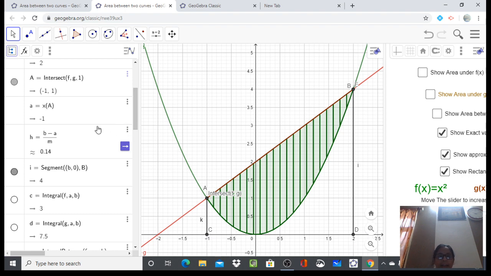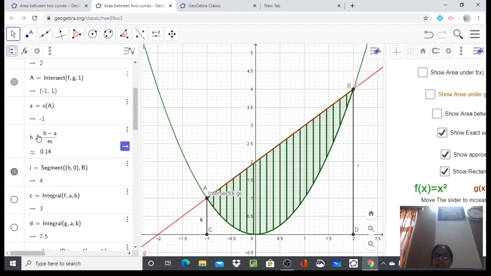Now we are going to divide this interval -1 to 2 into a number of points. We are going to take the initial point of the rectangle and the final point of the rectangle. That means we have to divide the whole interval into the number of sub intervals in which we are forming the rectangles.